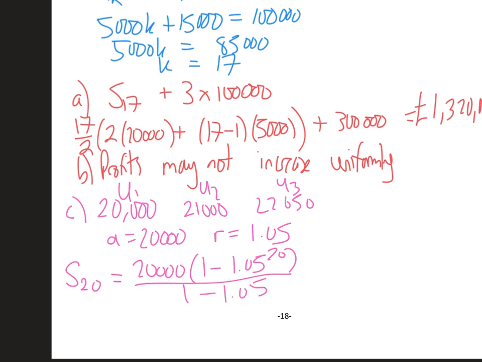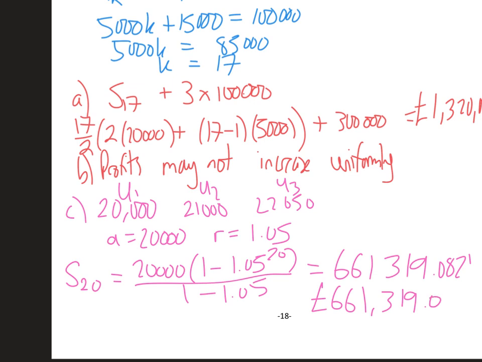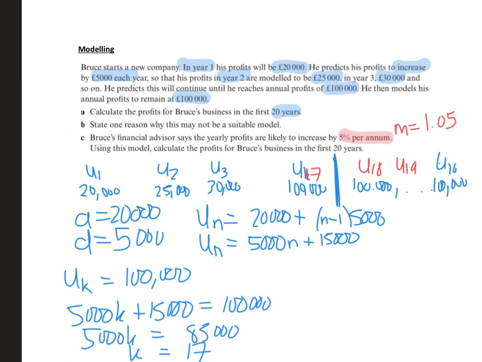If I work that out, we get 661,319.0821. So its profits in the first 20 years would be £661,319.08, to be precise.